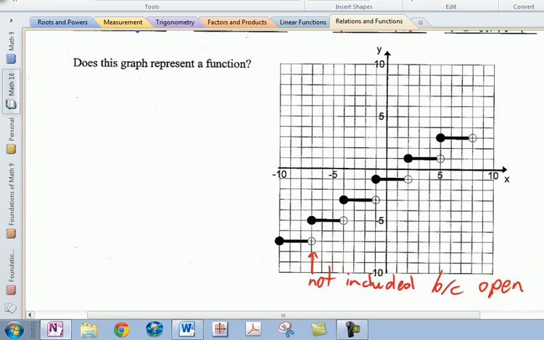So we have our inequalities graph. What happens is right at that point it jumps up to here, which is included. Okay, so the point is included because it's a closed circle.